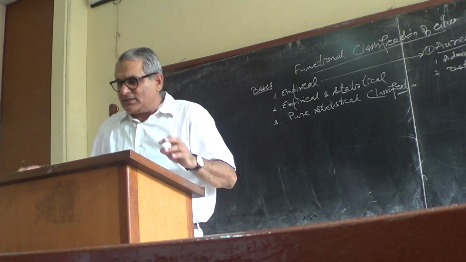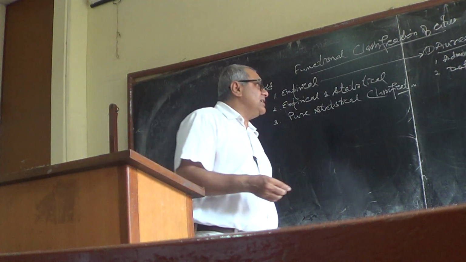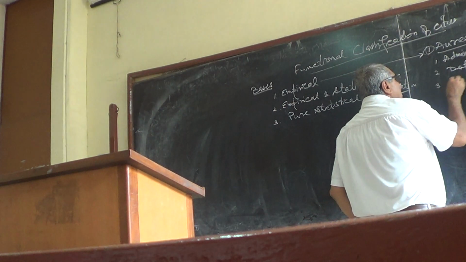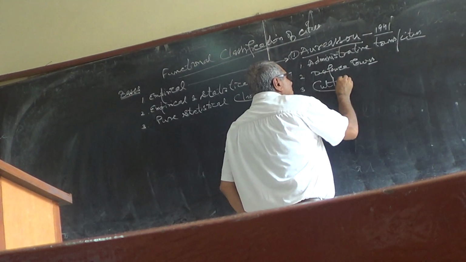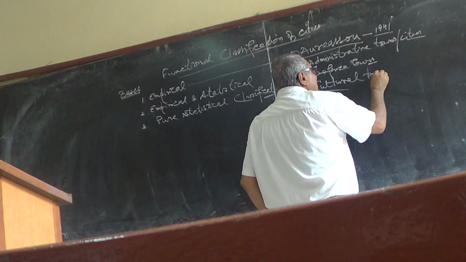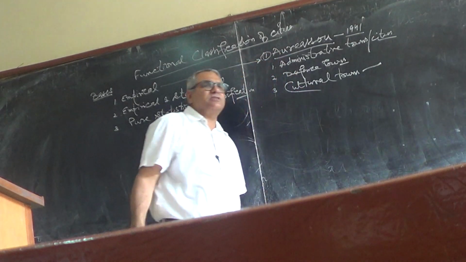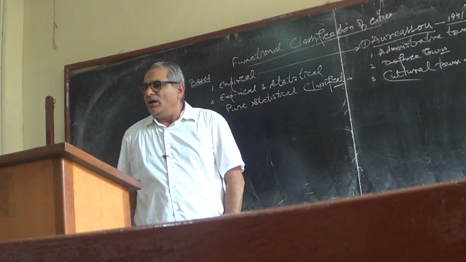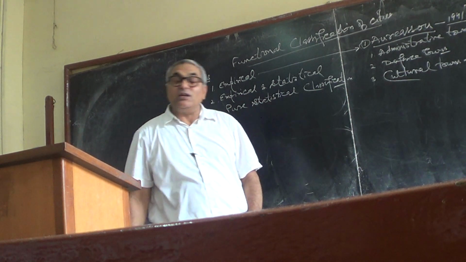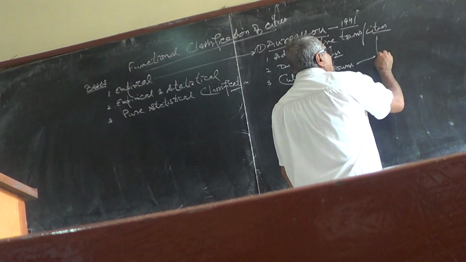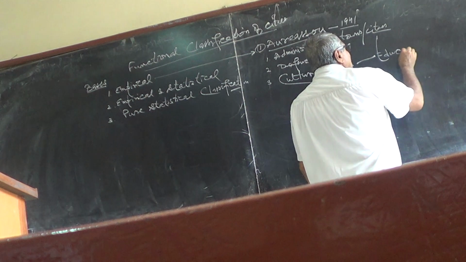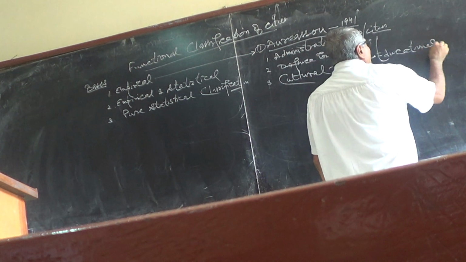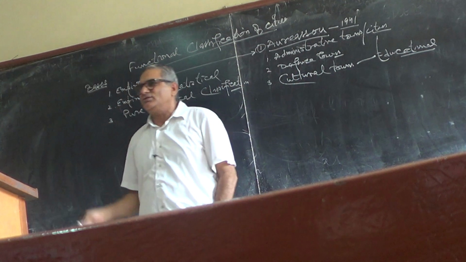Apart from that, the third type of towns are the cultural towns. Cultural towns have different types of cultural characteristics. Cultural means you can say educational towns. There are different educational towns.